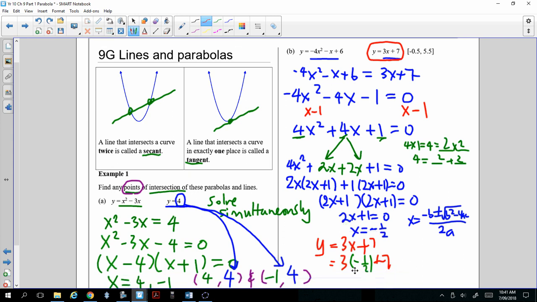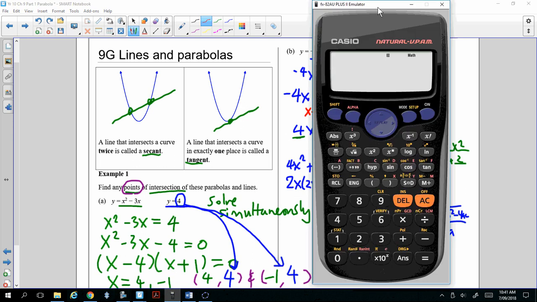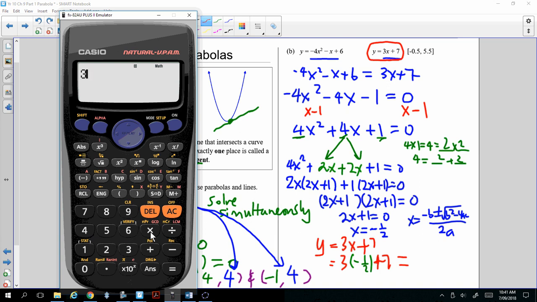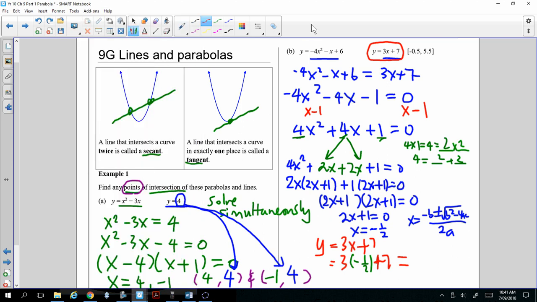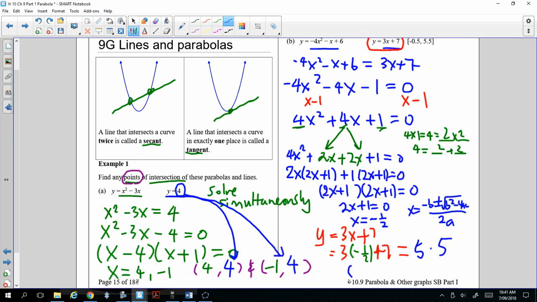Just use a calculator. To make it easy, you just do 3 times negative 0.5 plus 7. Okay, good, 5.5. Then your answer will be a point, so it's going to be negative 0.5, 5.5.